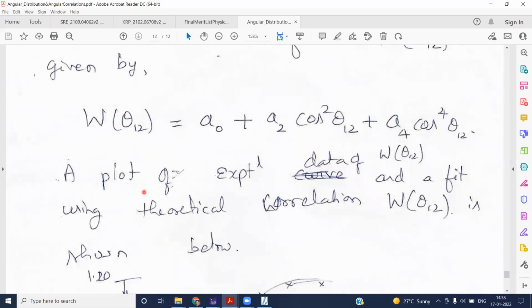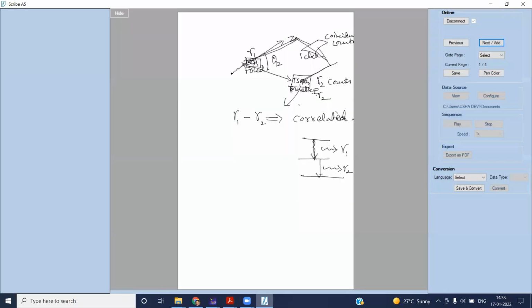That is, this is theoretical. What I am showing you is theoretical. I can calculate the theoretical angular correlation function. How? I had shown you for a dipole correlation. Suppose I take 0 plus, 1 minus, 0 plus, then I said this gamma ray is E1.